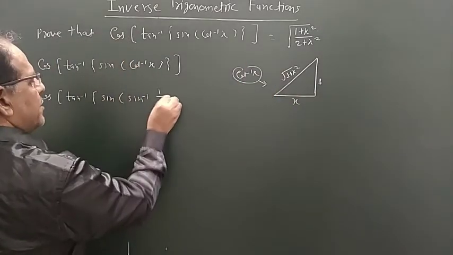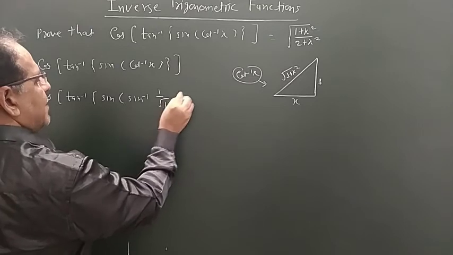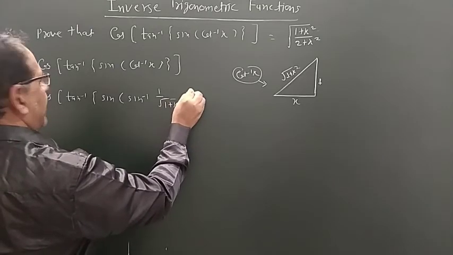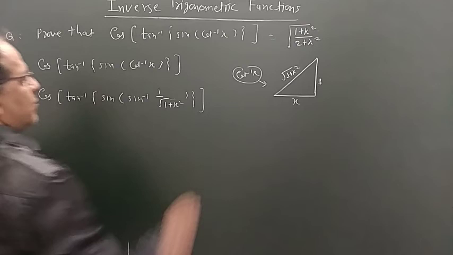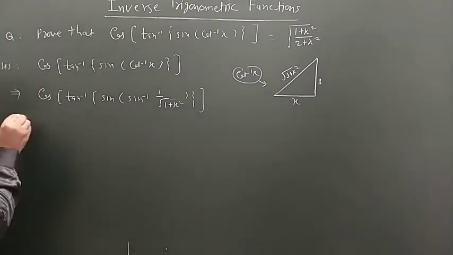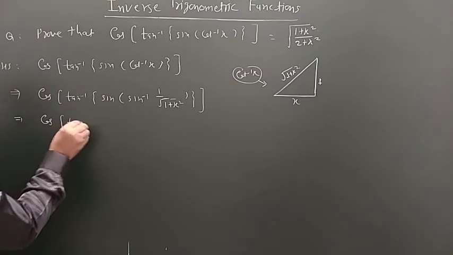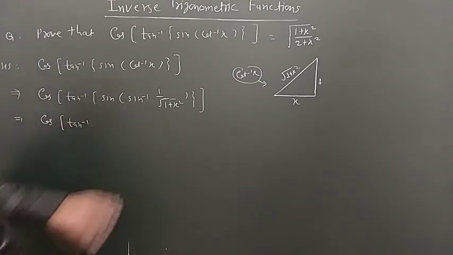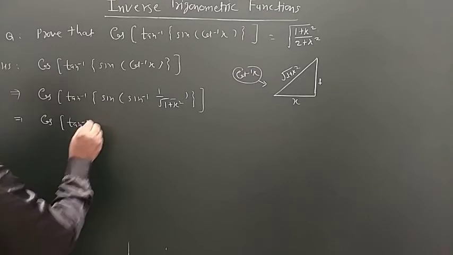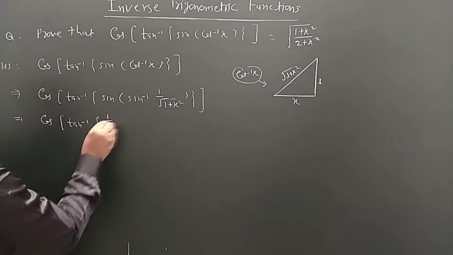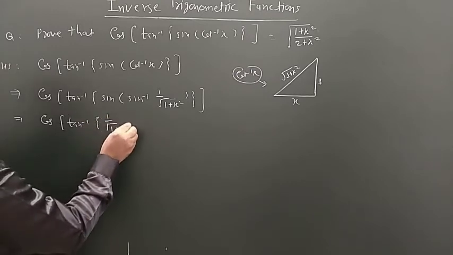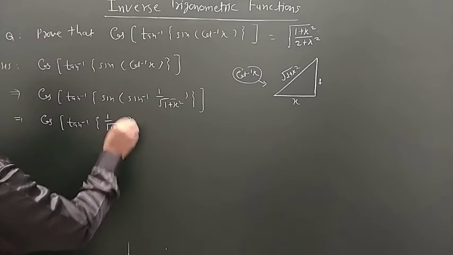So 1 upon square root of 1 plus x square. So now the next step becomes cos tan inverse. Now this is elimination, self adjustment. So we have only 1 upon under root 1 plus x square.